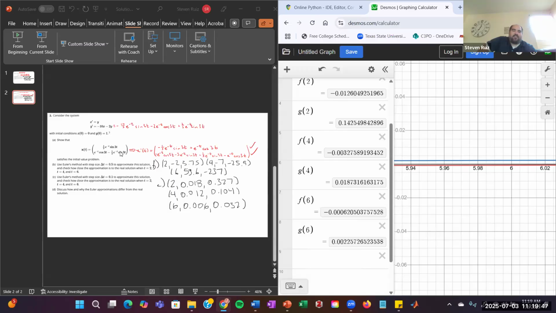I think the way that happened is this. If we look at our differential equations, x prime equals y, and especially y prime equals -10x minus 2y, our first step probably got very far away from our initial condition.